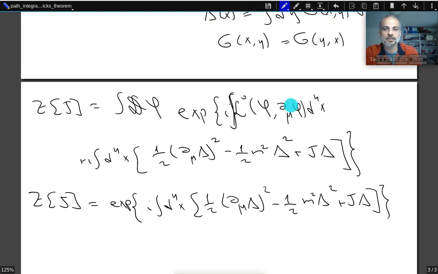And this is the only thing that remains inside, but I can just rename this phi as my old field phi, and that explicitly shows me that it is nothing but Z when J is equal to 0.